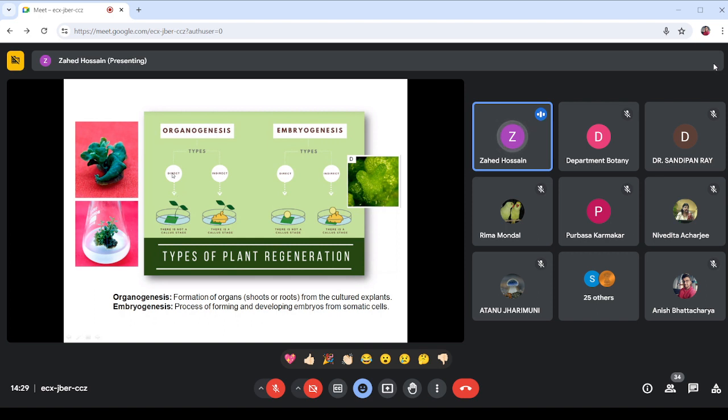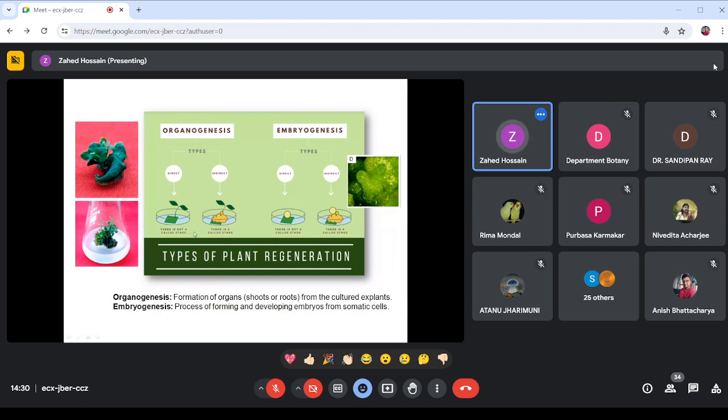That means it should be direct organogenesis. But on the panel below, here you can find this is a callus. So this callus means an undifferentiated mass of cells. From the callus you can find shoot buds regenerated. So here it should be called the indirect mode of organogenesis, because here the organ develops not directly from the explant, but from the callus.